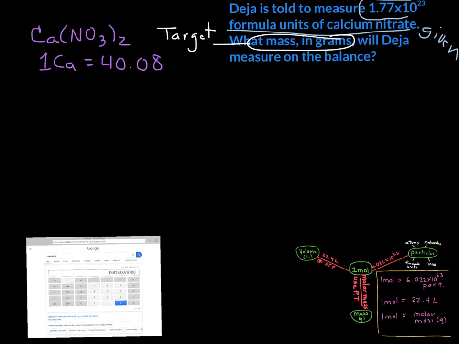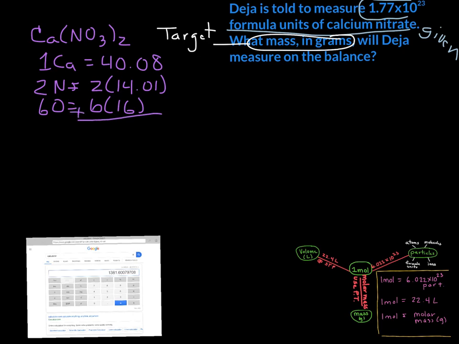We have 2 nitrogens, which is going to be 2 times 14.01. That's the mass off the periodic table for nitrogen. And we have 6 oxygens, so 6 times 16. Remember, we round the 15.99 to 16. And we add all of that up.